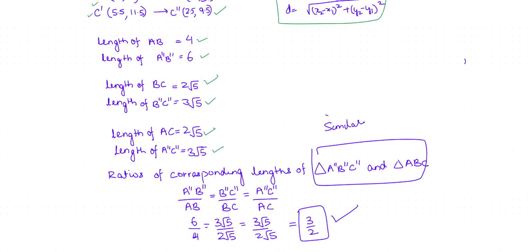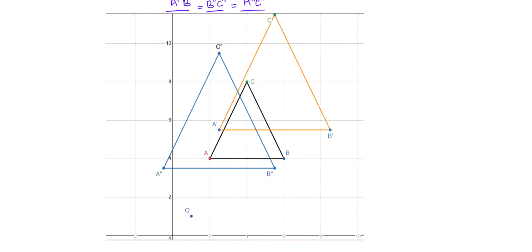So the translation is a rigid motion that changes position but does not change size or shape. So we can see here, if we put the coordinates, how A dash is moved 3 units left and 2 units down, and these three figures are still similar.